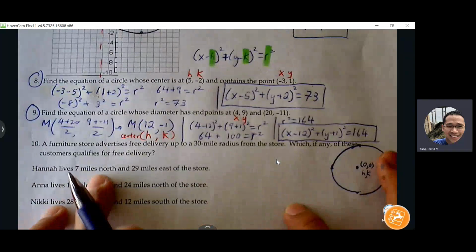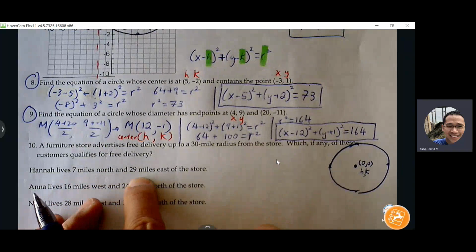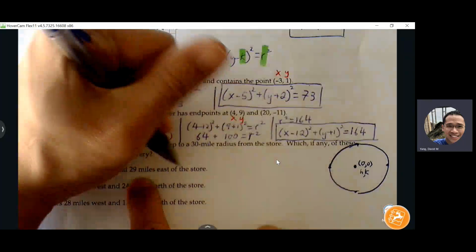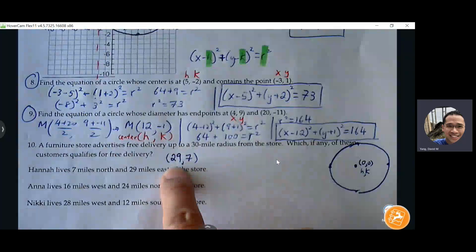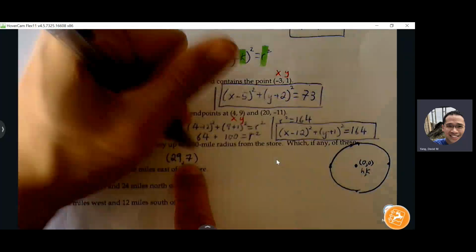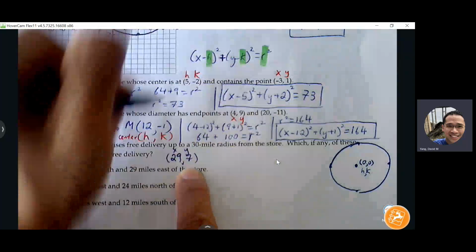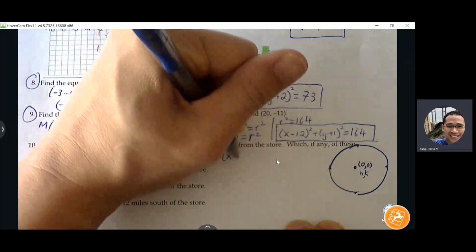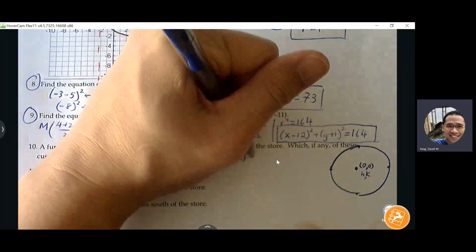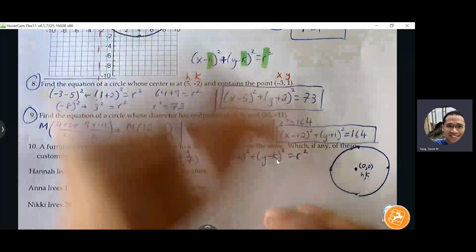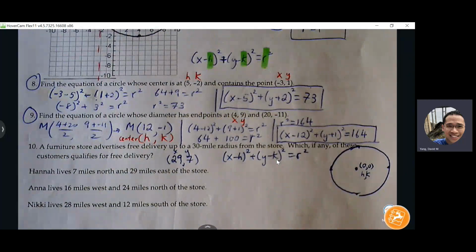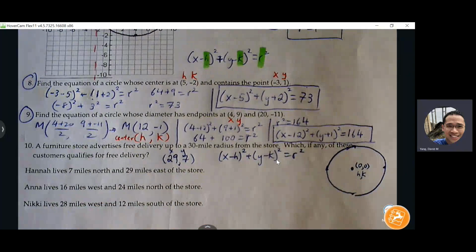Let's say Hannah lives 7 miles north and 29 miles east of the store. So you can think of it as ordered pair 29, 7, right? 29 to the right, 7 to the north. I can treat this like my x, y. If we plug into my circle formula, which is the same thing as Pythagorean theorem, which is the same thing as distance formula, I can figure out if that gives me a radius that's less than 30, right? If it's less than 30, we know it's free delivery. If it's greater than 30, then it's outside that circle.